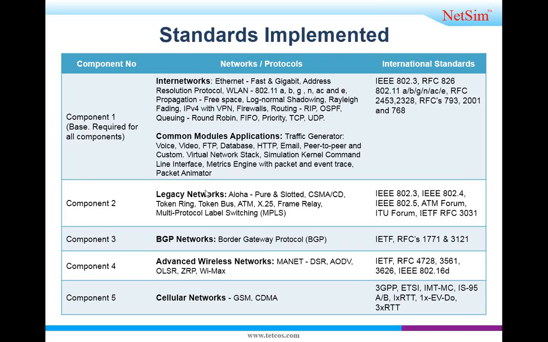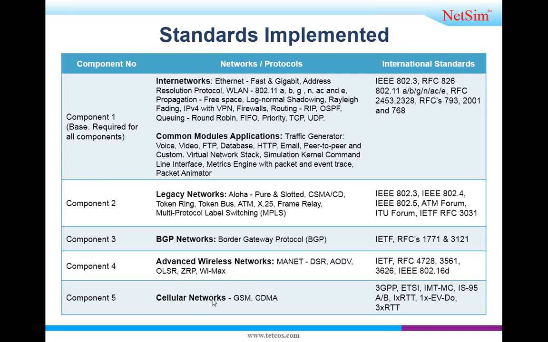Component 2 has legacy networks like Aloha, pure and slotted Aloha, CSMA/CD, token ring, token bus, ATM, frame relay, and MPLS, all designed as per international standards like IEEE and IETF. Component 3 has the BGP network, border gateway protocol, and component 4 is advanced wireless networks, that is MANET or WiMAX, and MANET has DSR, AODV, OLSR, and ZRP protocols.